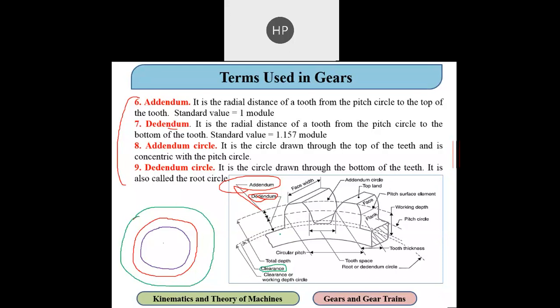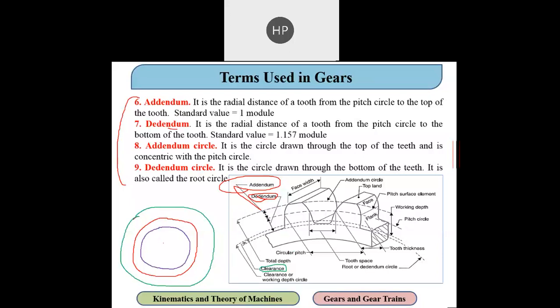And the second thing is that if the clearance is not given, then your gear may wear out quickly, because there is a rubbing action. So that portion will wear out quickly, and the life of the gear may reduce. So to eliminate all these things, we give certain clearance. And how does this clearance come?